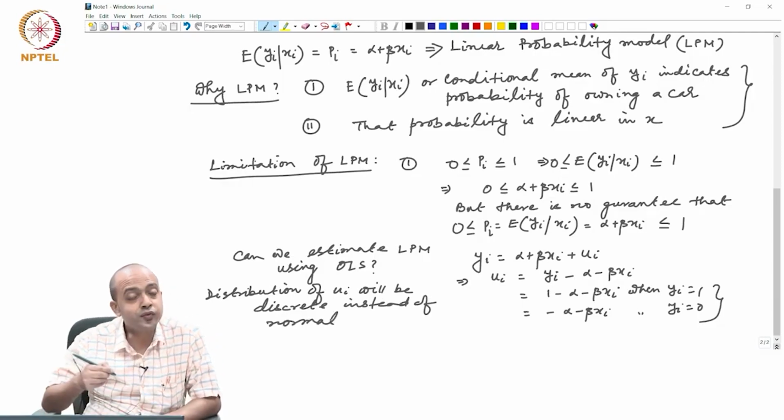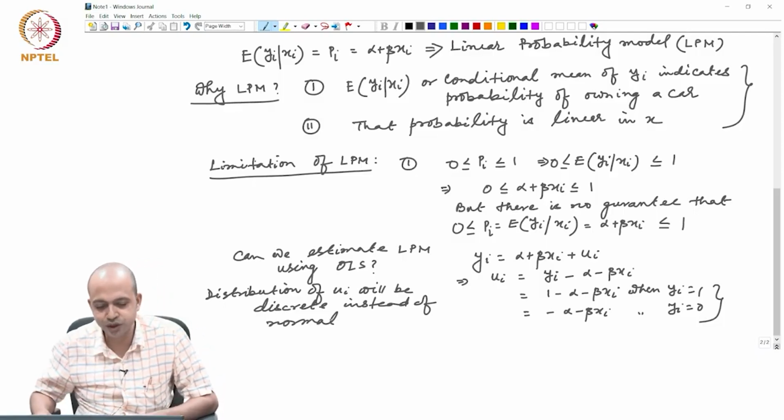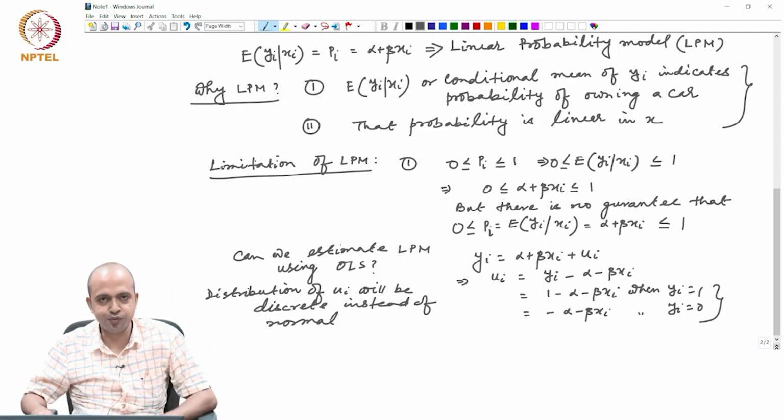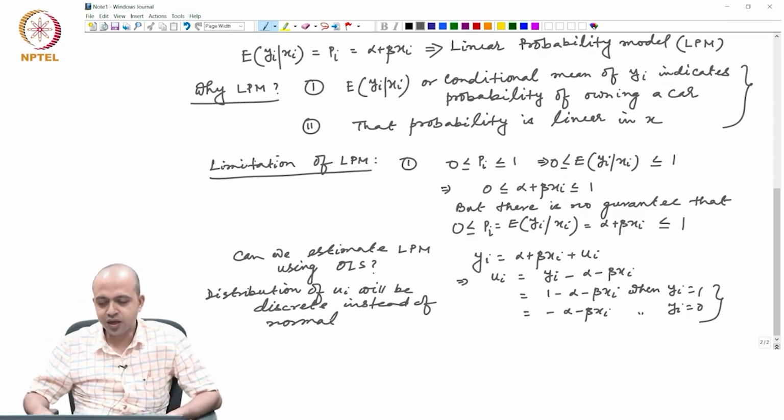Now, if ui follows a discrete distribution, we cannot go for hypothesis testing, as you know, because for that we need the normality assumption of ui. Otherwise, we cannot construct the test statistic for conducting hypothesis testing. So, this is another problem of linear probability model: first of all there is no guarantee that the probability will lie between 0 and 1.